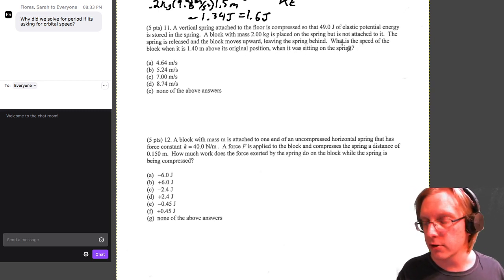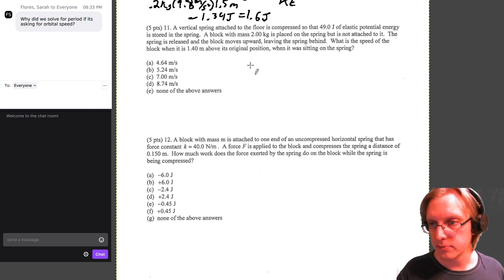Oh, fun. Okay. Alrighty. So we have a block. It's got a spring and it's going to go wee up to some height to here.